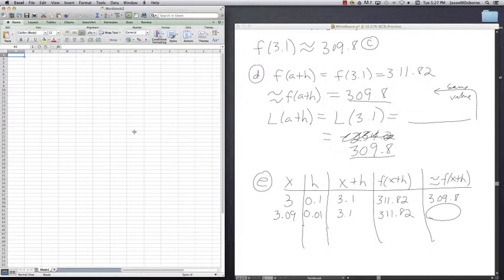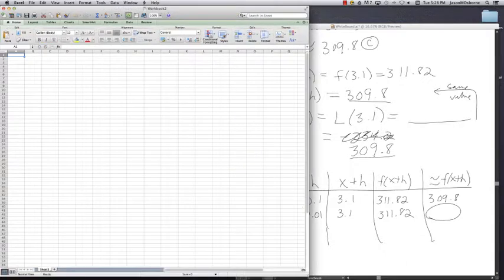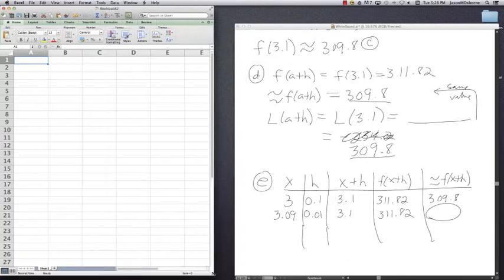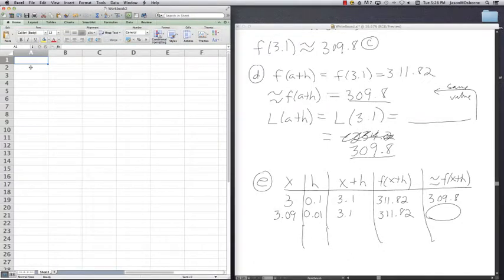Let me make this a little bigger, so the numbers are bigger for you here. 200%. Okay. So, as I said, let's create an X column, an H column, an X plus H column, an F of X plus H, and an approximately f of x plus h. Okay.